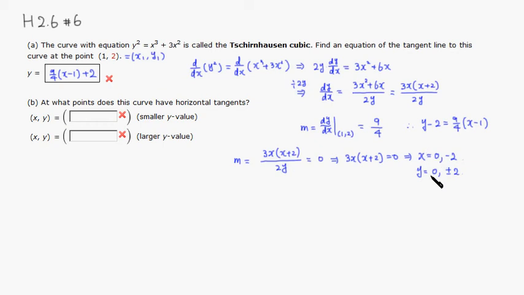So we ignore that. Then y is either positive 2 or negative 2. The larger y value is positive 2, and the smaller y value is negative 2. The corresponding x value is negative 2 for both. So let's type these in.